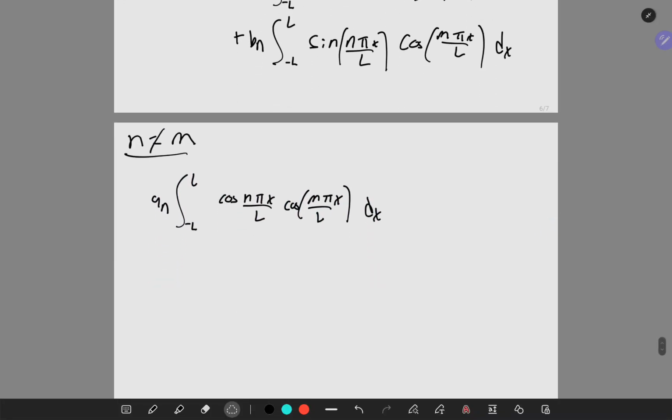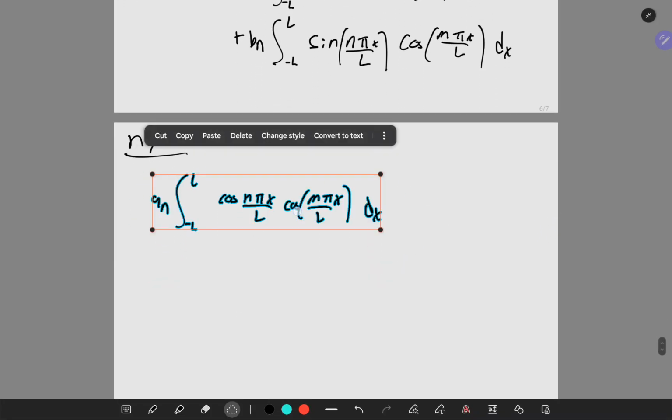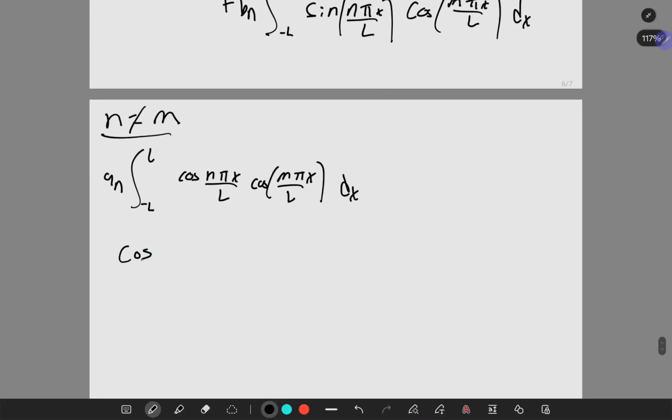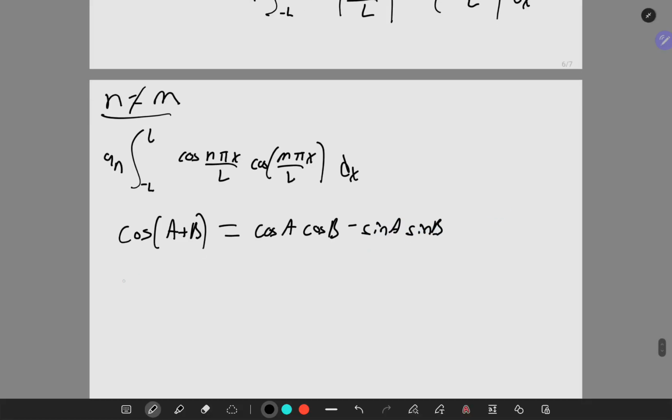So if n doesn't equal m, I'm going to show you a bunch of trig identities here. Cosine of a plus b is equal to cosine a cosine b minus sine a sine b.